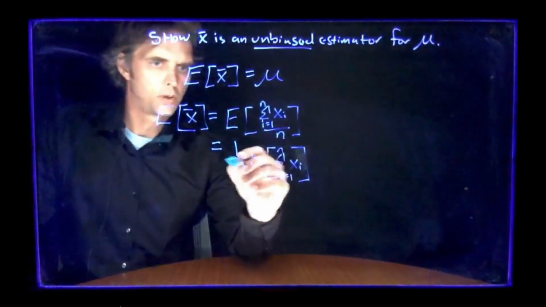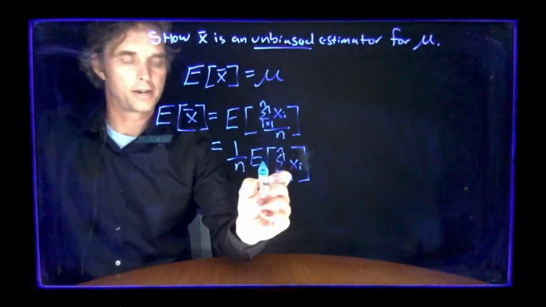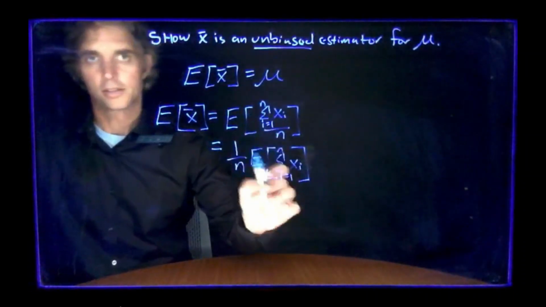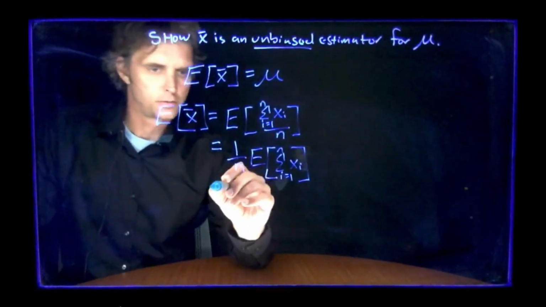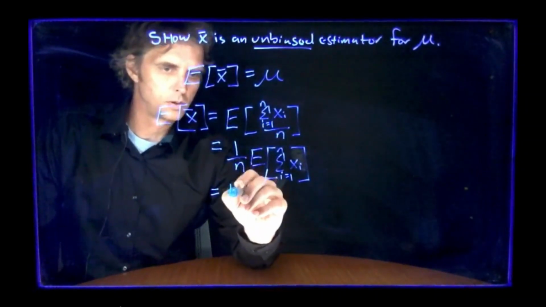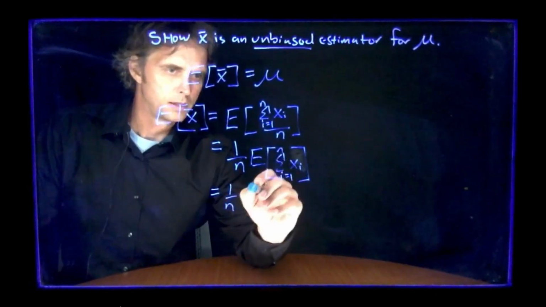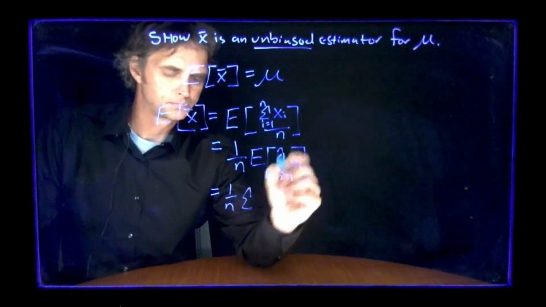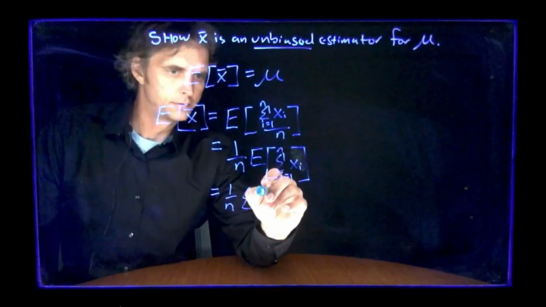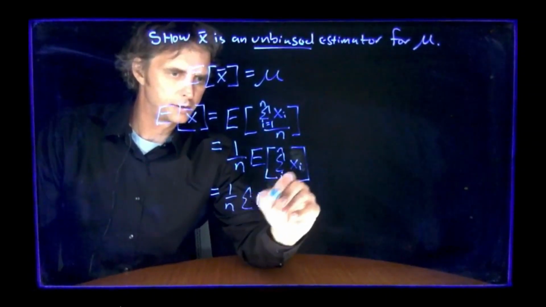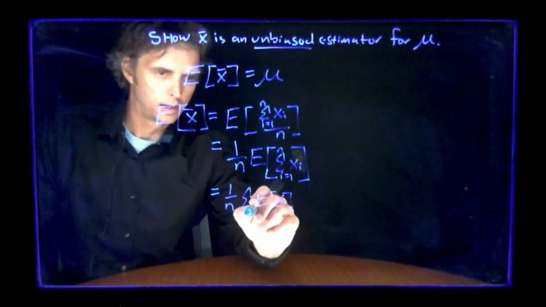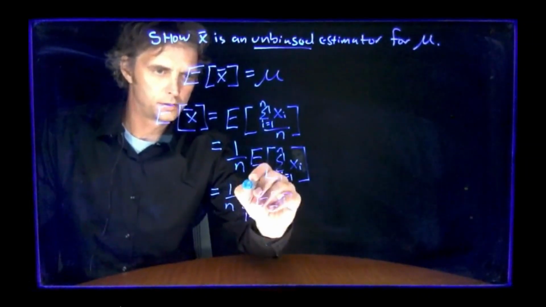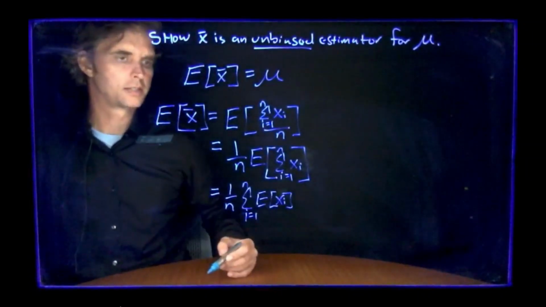And I have another property of expected values that I can bring it inside the sum: the expected value of a sum is the sum of the expected values. So we say this equals 1 over n times the sum of the expected value of xi, i equals 1 to n, whatever my sample size is.